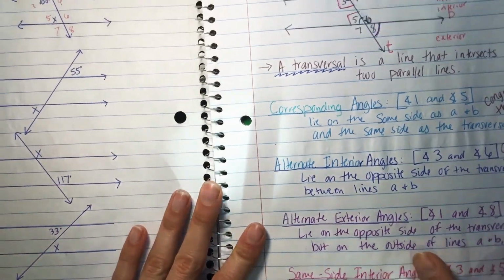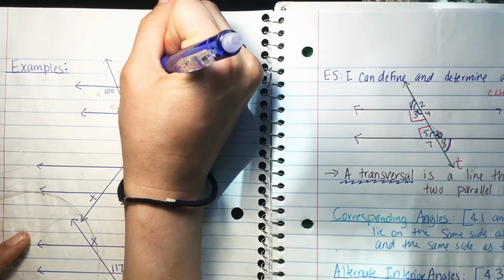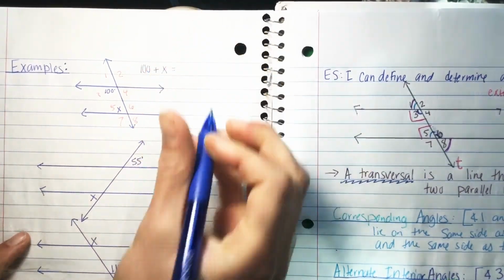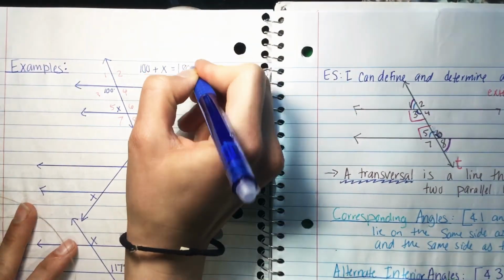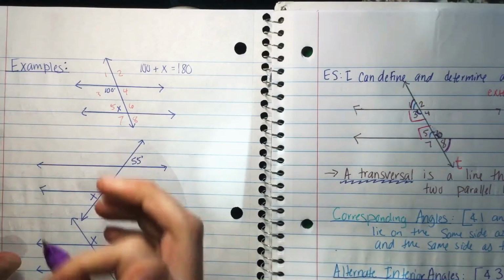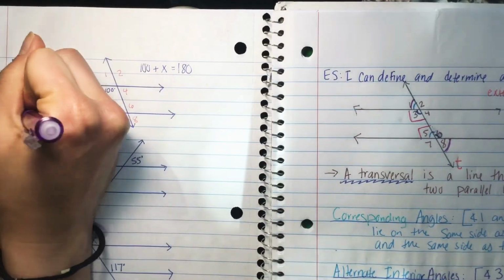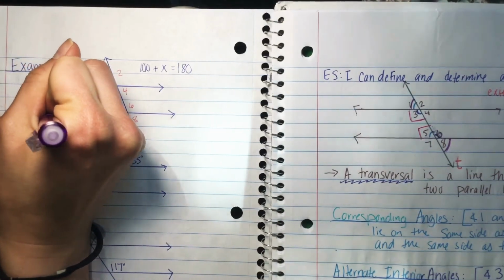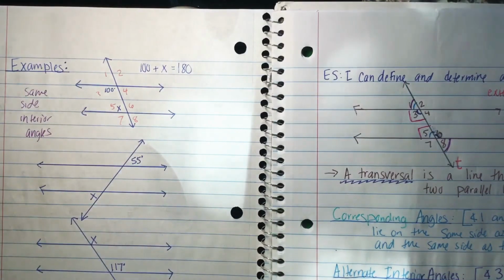So what I do is I'm setting my problem at 100 plus x equals 180. Because it's telling you they're the same side interior angles. Okay? So I'm basically solving for x.